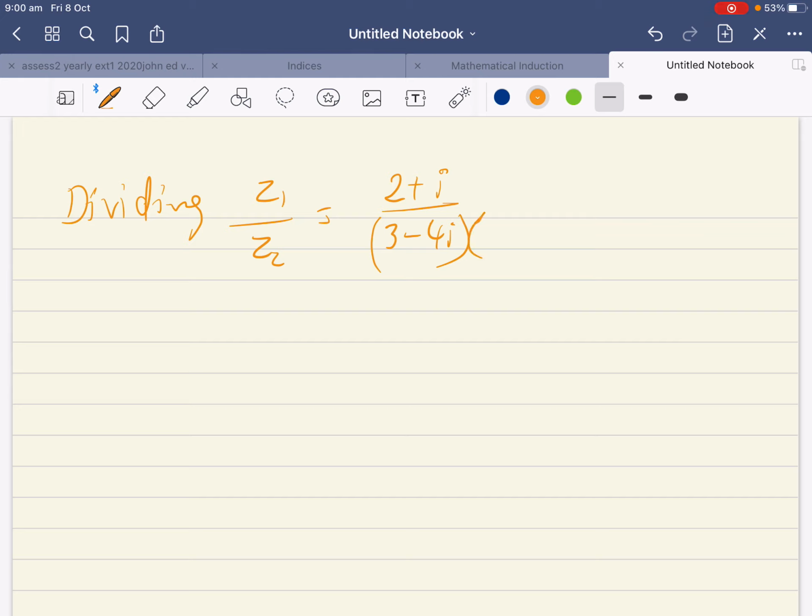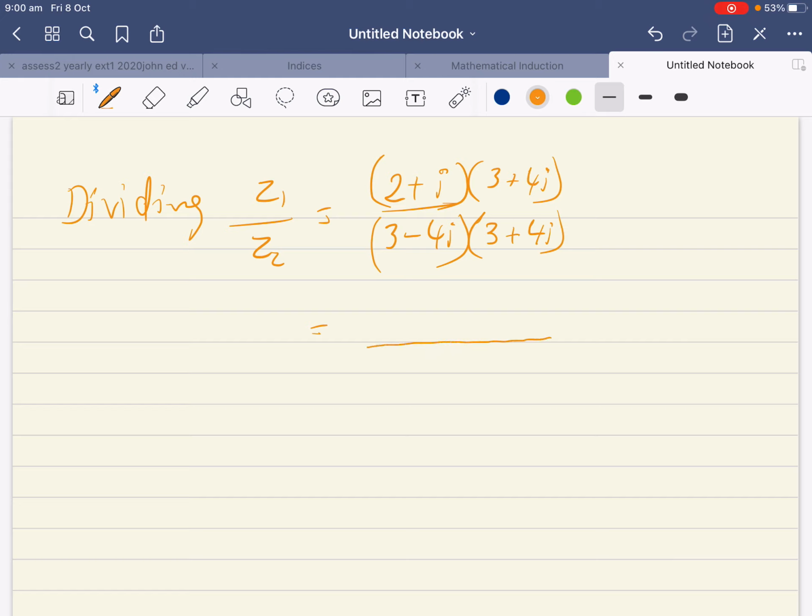And this is where, just like with surds, we're going to multiply by, in this case, the complex conjugate. So we're going to times top and bottom by 3 plus 4i.